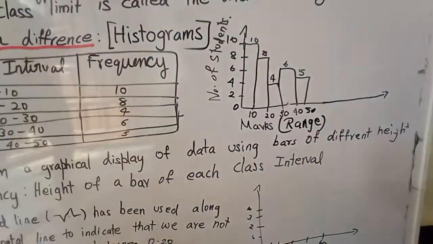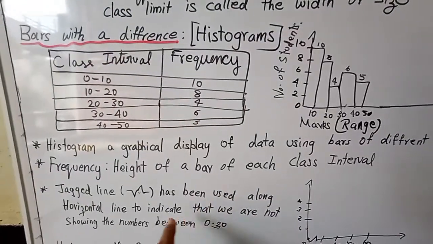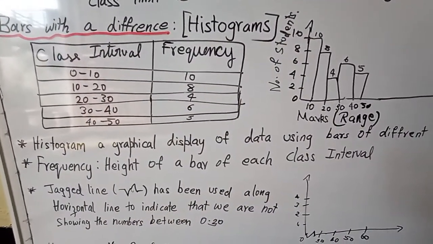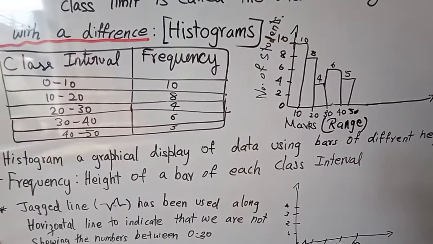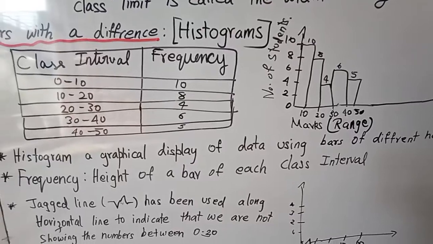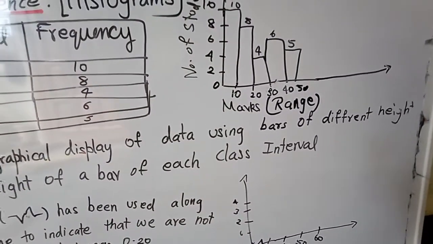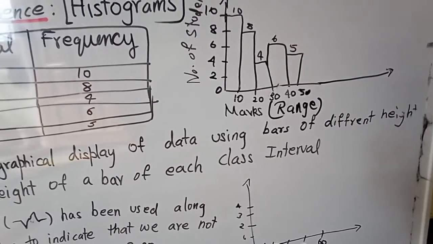It is a jagged line, a long horizontal zigzag line, to indicate that we are not showing the numbers between 0 and 30.